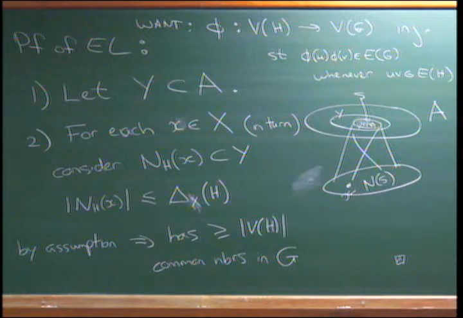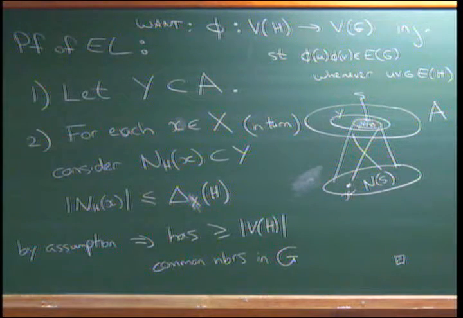Okay, so a lot of blank faces, so let me say the whole thing again. So we have a set A in our graph G that has a nice property that all decent-sized subsets have many common neighbors. We want to find a copy of H in G. And H has vertex set X and Y. So we put Y inside A arbitrarily.